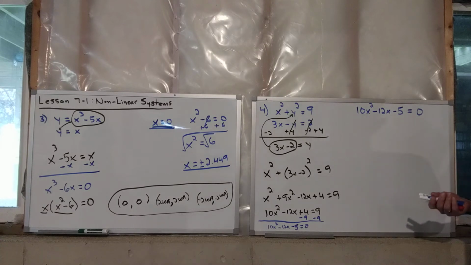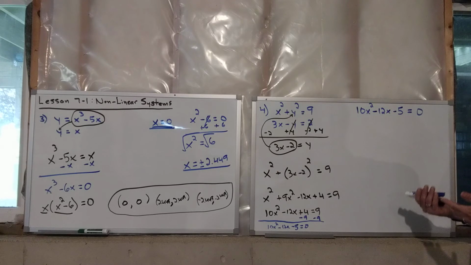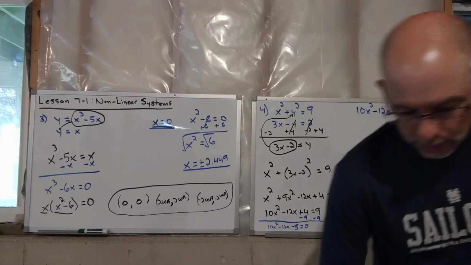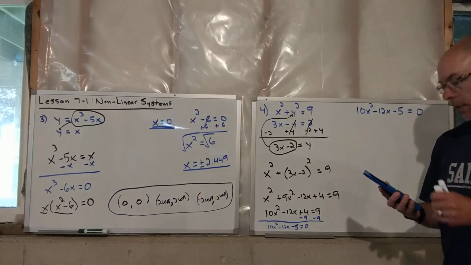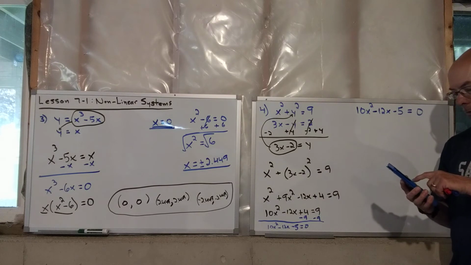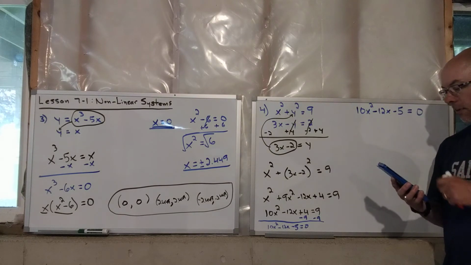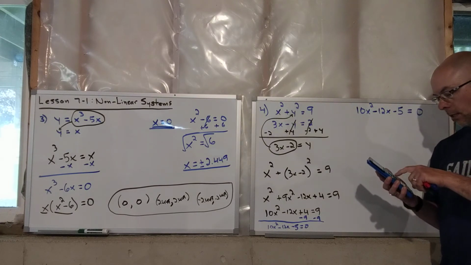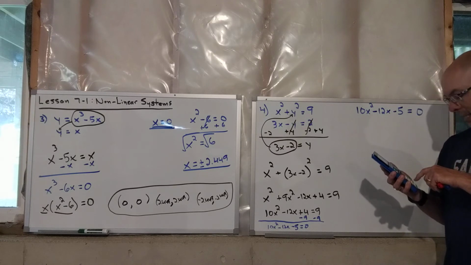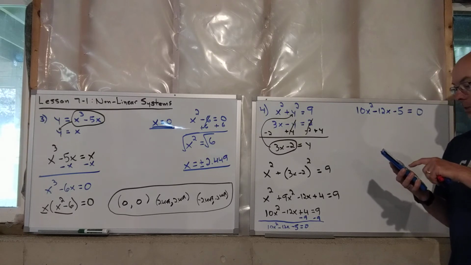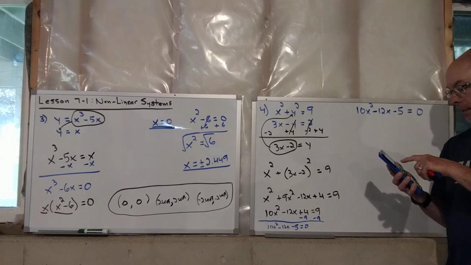Okay. We have our options of being able to factor that or go to the quadratic formula. Now I'm going to check a little something, because I'm not going to waste my time trying to factor it if it doesn't factor.